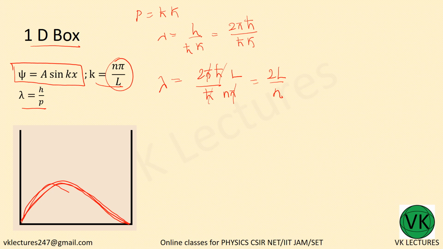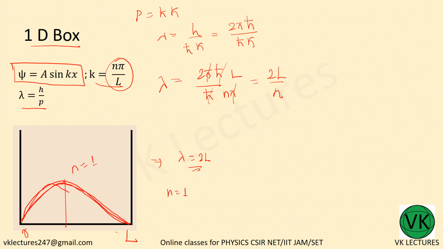For the extended string, we know the length is 0 to L. This is the node n equal to 1. So for n equal to 1, we have lambda equal to 2L. Same here for n equal to 1.